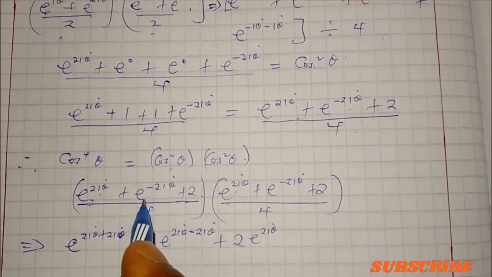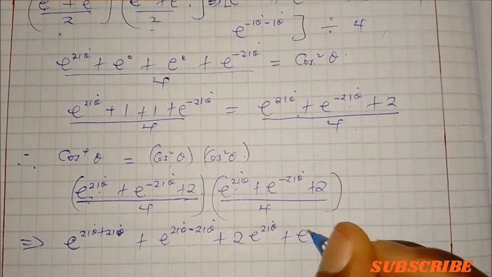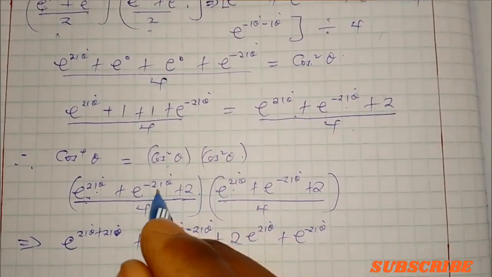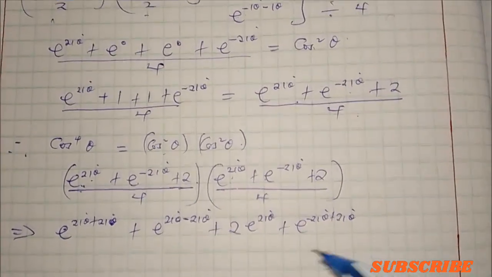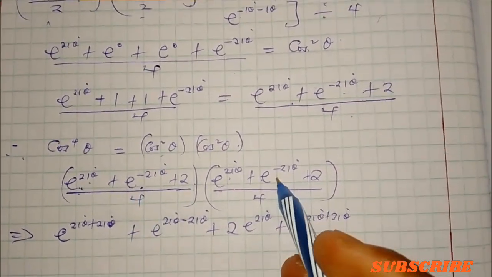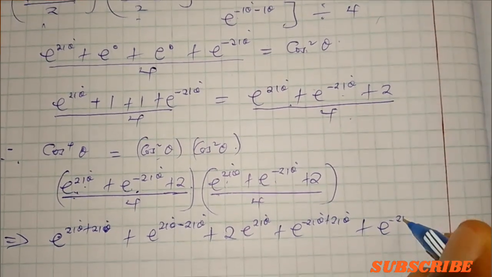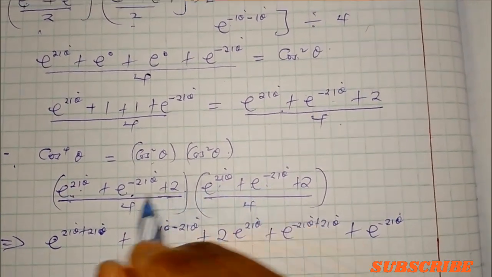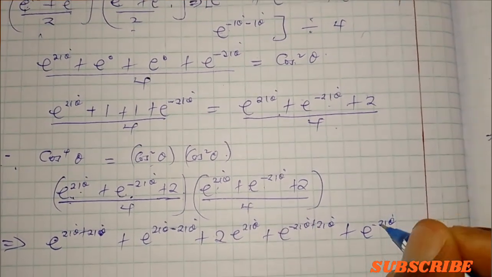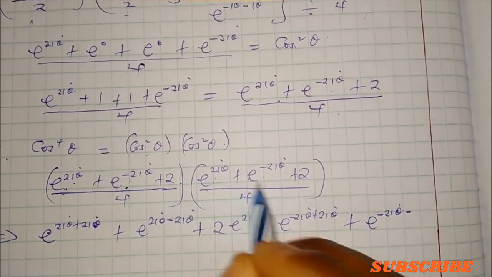We move to this one. This time this one is plus e to the power negative 2i theta plus 2i theta. Then this one is plus e to the power negative 2i theta plus minus. Remember it's a multiplication, so the power will be minus here. This time this, it's e.